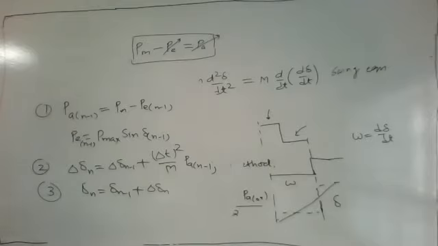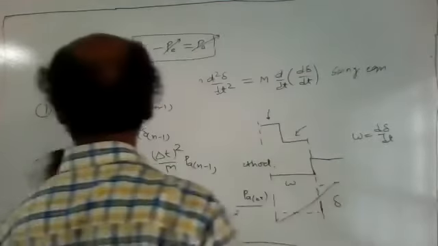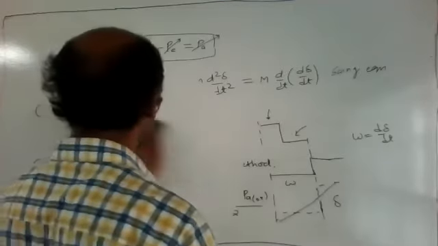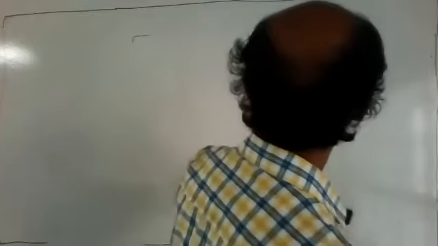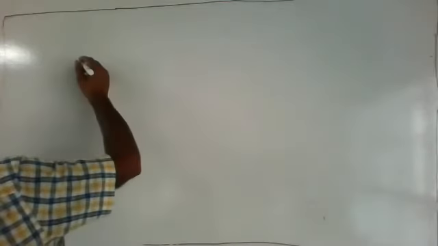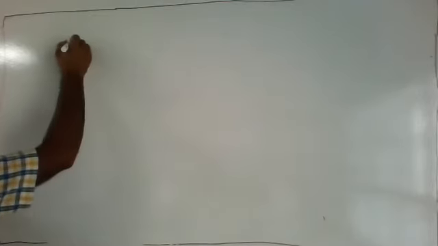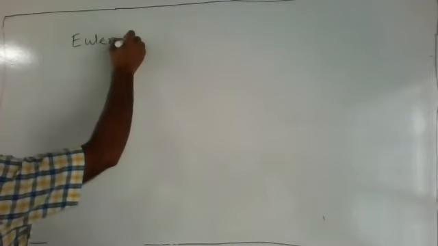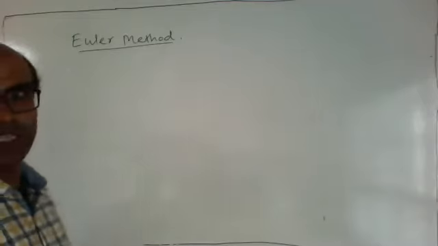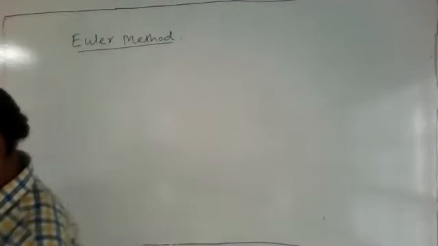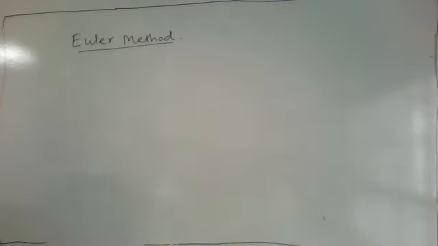Now we will see another method, that is the Euler method. What we do in this method is write the equation of rotor dynamics, which is called the swing equation.